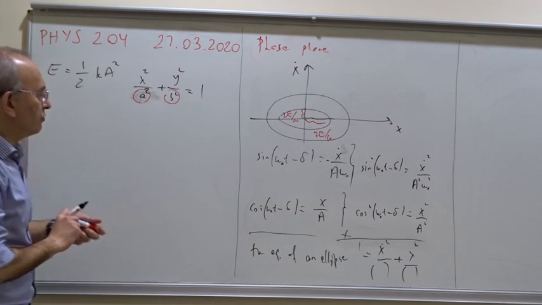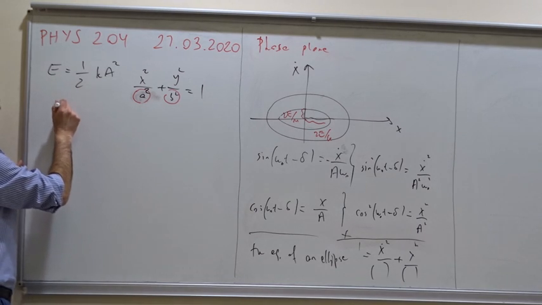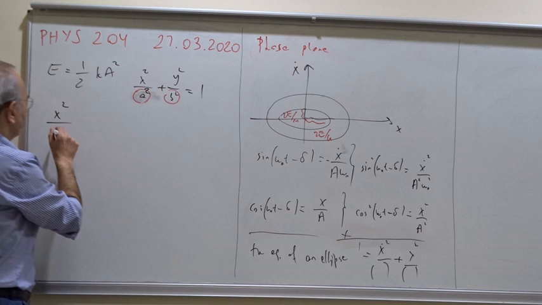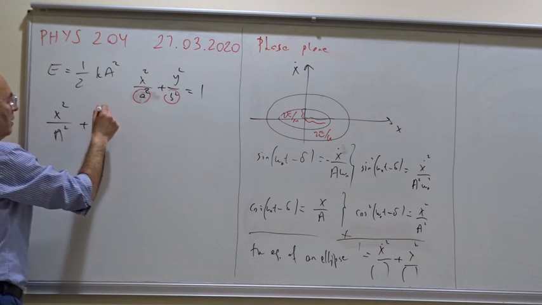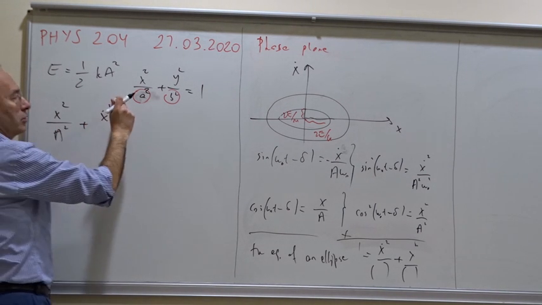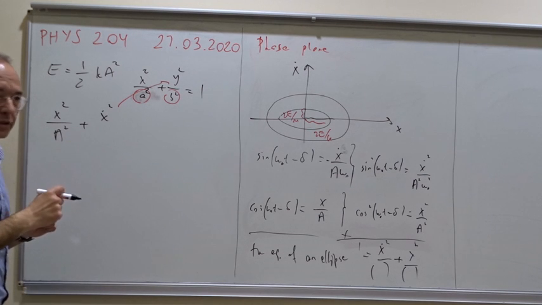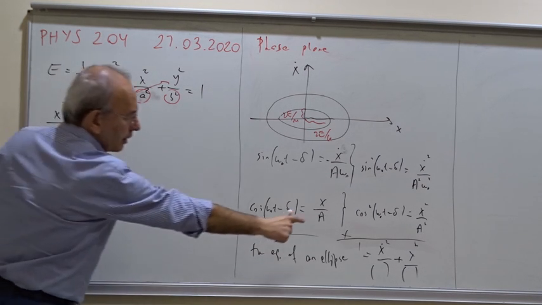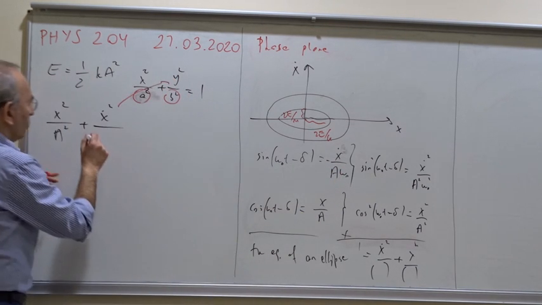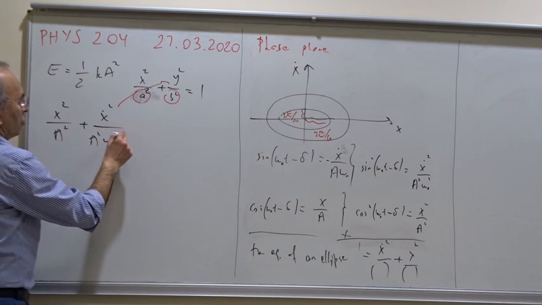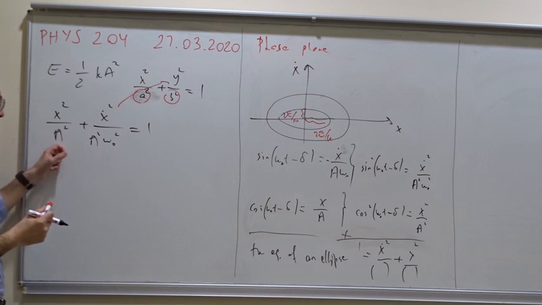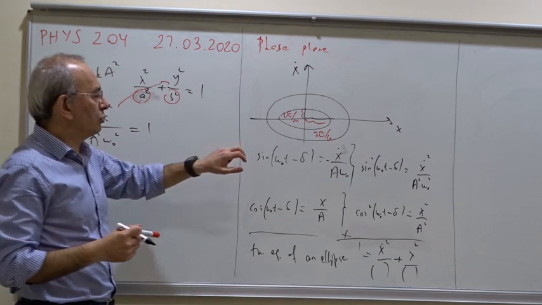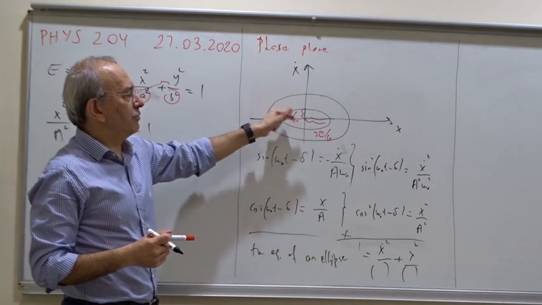So in our case we have x squared over a squared plus x dot squared, but x dot corresponds to y, the vertical component, divided by a squared omega 0 squared, that's equal to 1. So the roots of these denominators correspond to the major axis and minor axis distances.